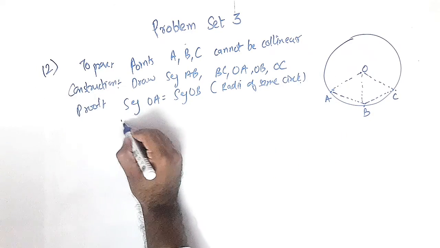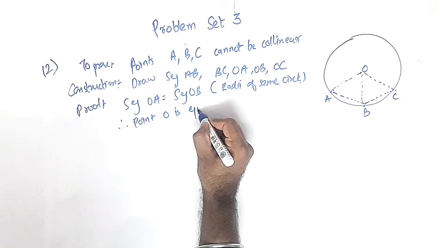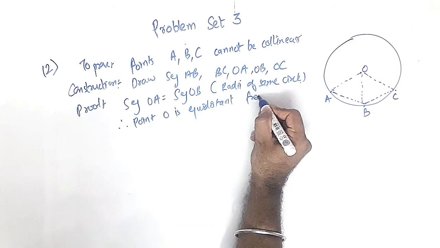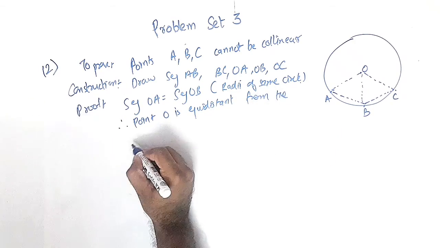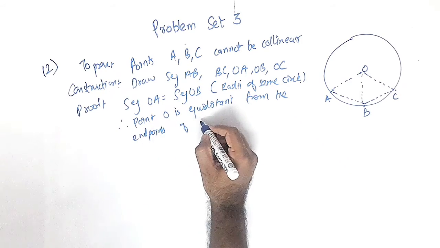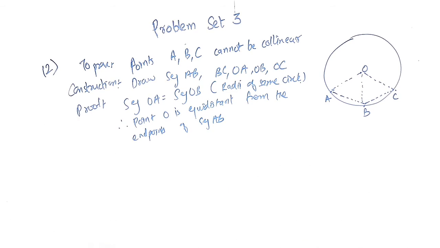Therefore point O is equidistant from the endpoints of segment AB. Now see, point O is equidistant from the endpoints of segment AB. So you are remembering some theorem that you did last year in 9th standard.